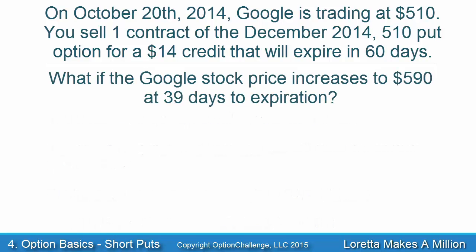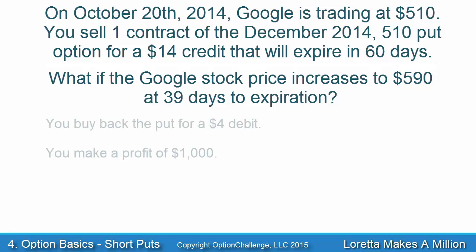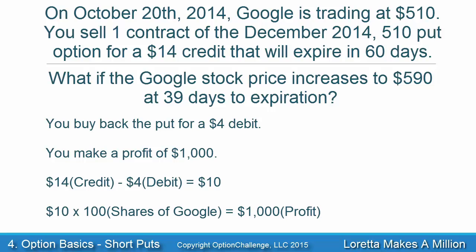Question: what if the Google stock price increases to $590 at 39 days to expiration? The stock price has gone up $80. You check the market and buy back the put for a $4 debit. You make a profit of $1,000. Here is how the profit is derived.